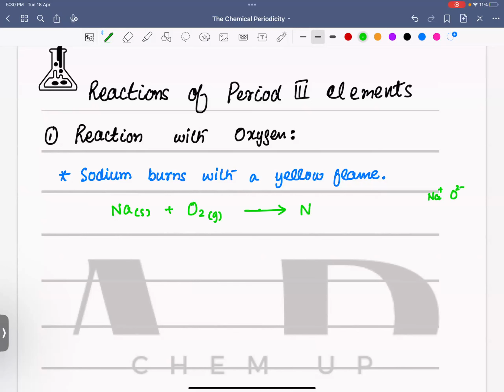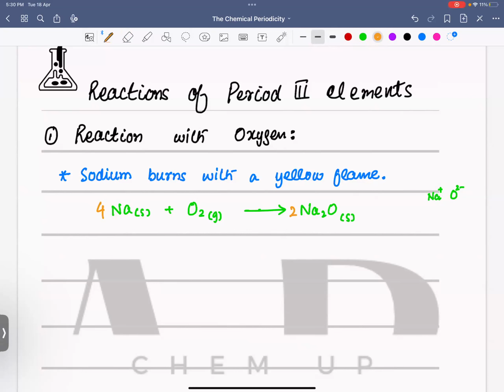So the formula would be Na2O. To balance this equation, I have to put 2 over here and 2 over here. No, sorry, a 4 over here. Now my equation is balanced, right?